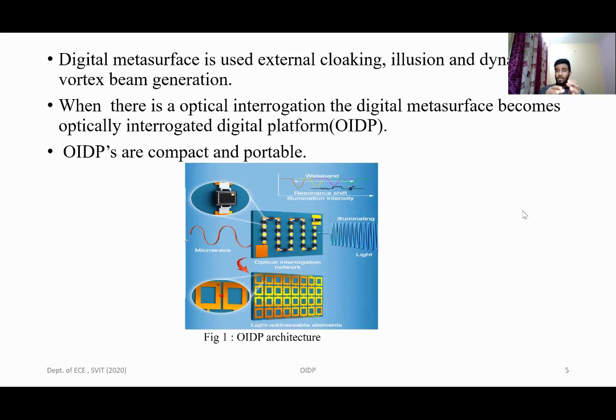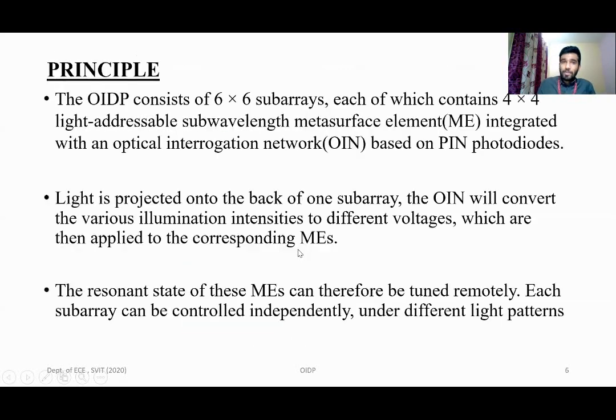This overcomes the bulky power supplies, FPGAs, electrical wires and complex control circuits. This is a small figure representing the OIDP architecture, and these are metasurface elements, and these are PIN diodes.